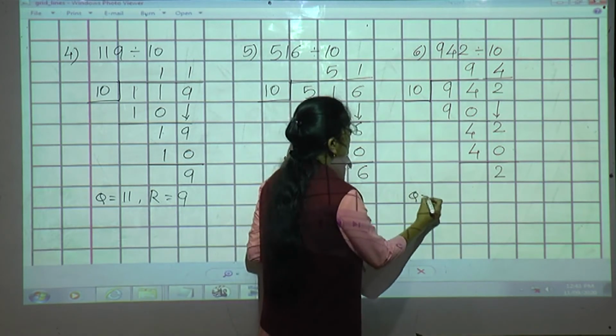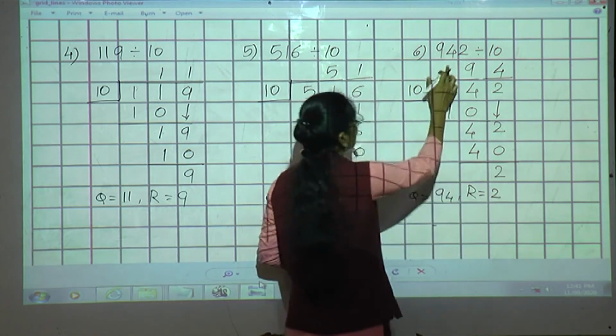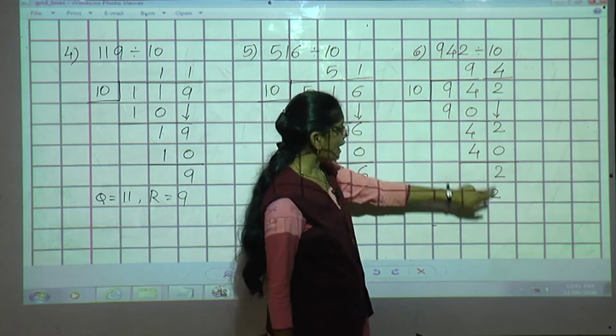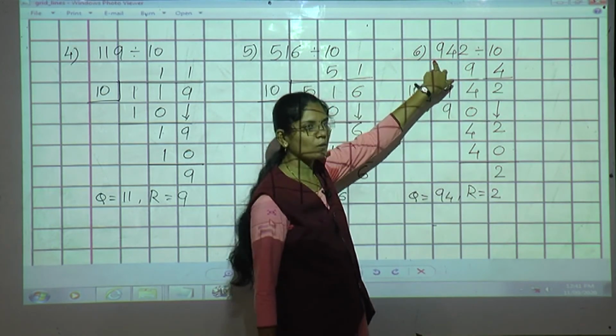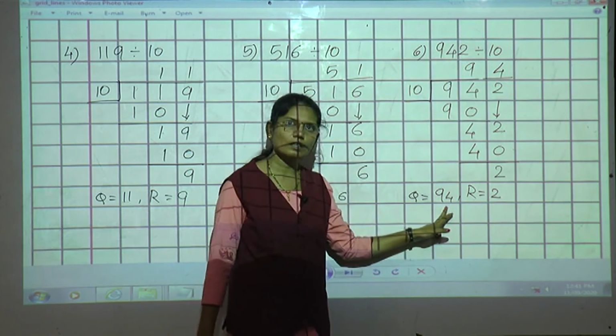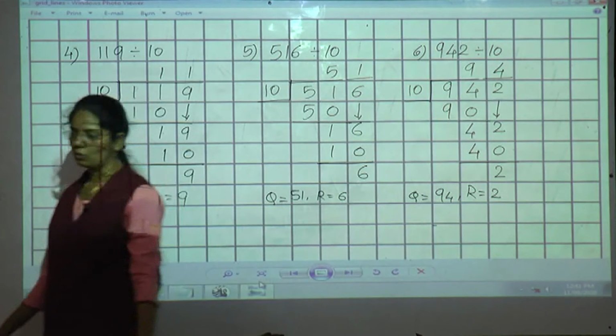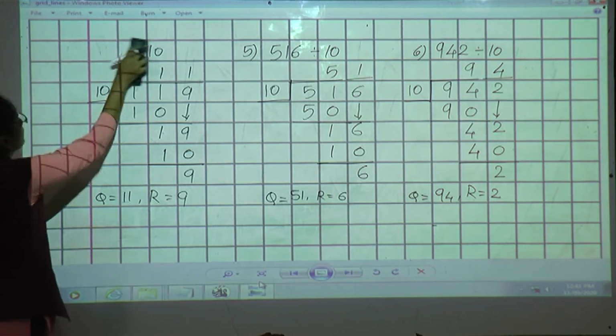So write here Q is equal to 94 and R is equal to 2. See the number 942. At ones place 2 is there. And the remaining number will form the quotient, means 94. So here we got the quotient 94. Correct? Okay. Then next example, seventh one, 348.